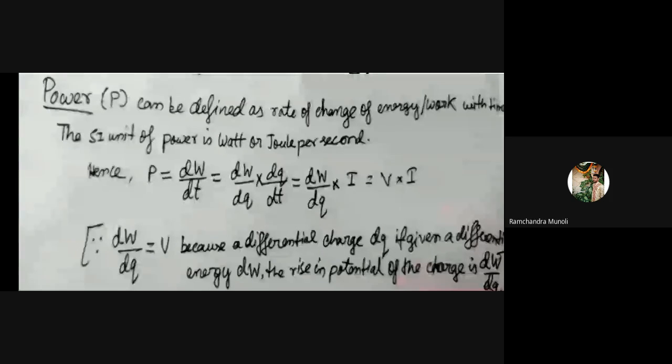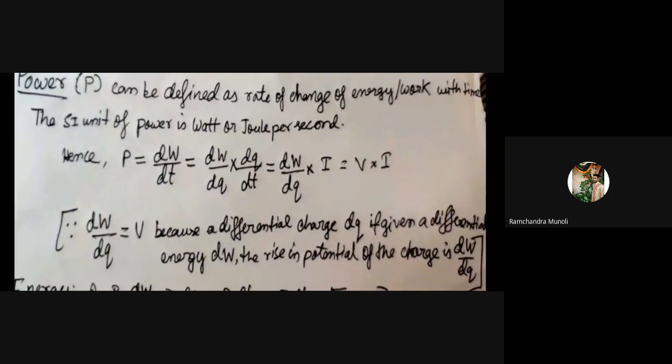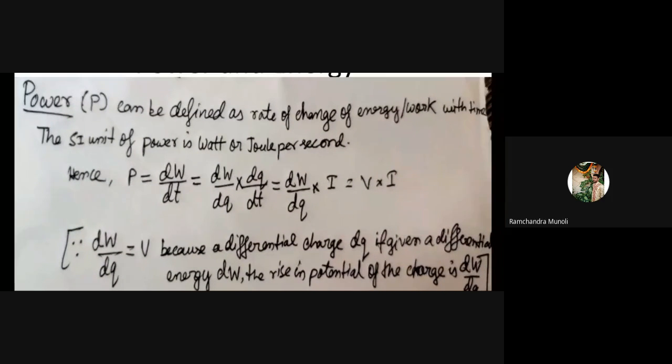Then we get this dQ by dt. We know that charge by time is actually current. So we just replace that dQ by dt with I. And we also know that a differential charge dQ, if given a differential energy dW, then it is the potential. Means dW by dQ is the potential of the charge. Potential is represented by V. We give it as V.